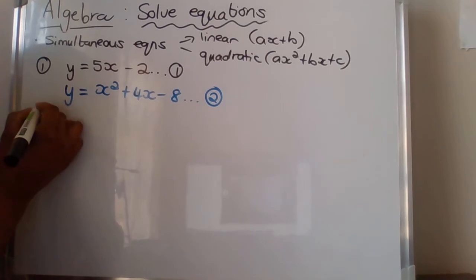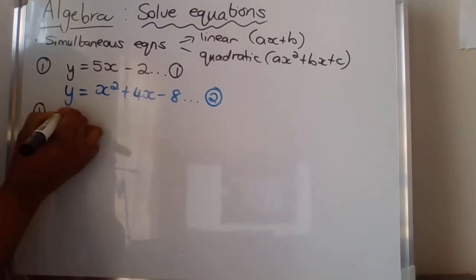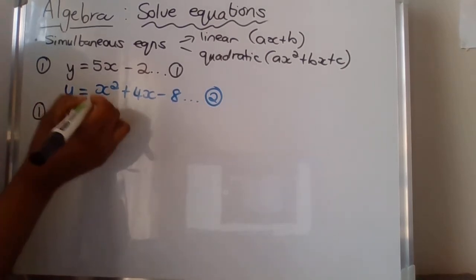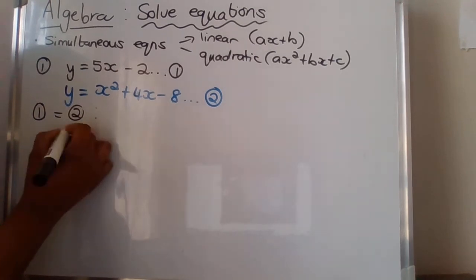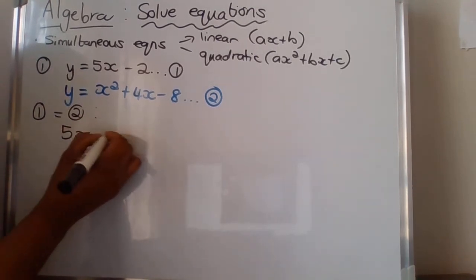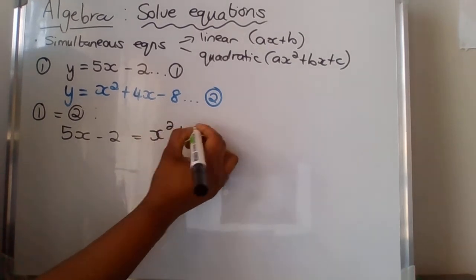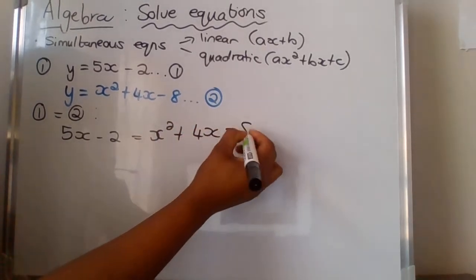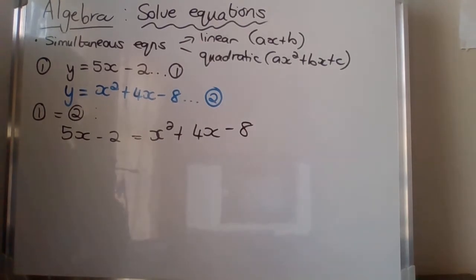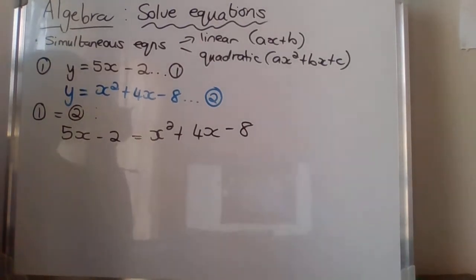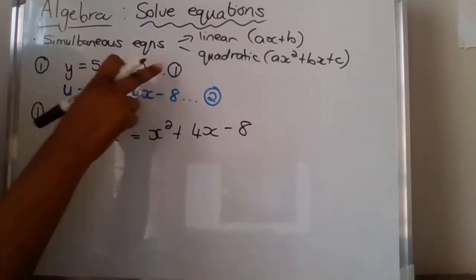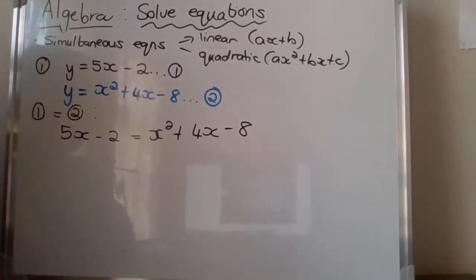So let's do that. Equation 1 is equal to equation 2. Therefore we have 5x minus 2 is equal to x squared plus 4x minus 8. Or you can say substitute 1 into 2, still the same thing.